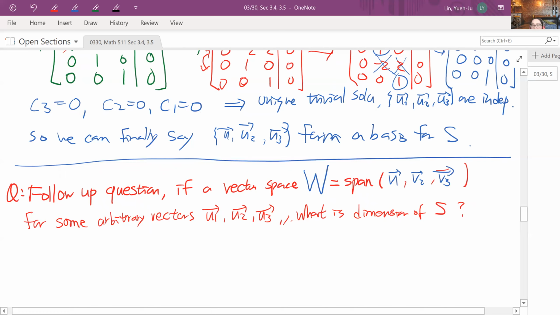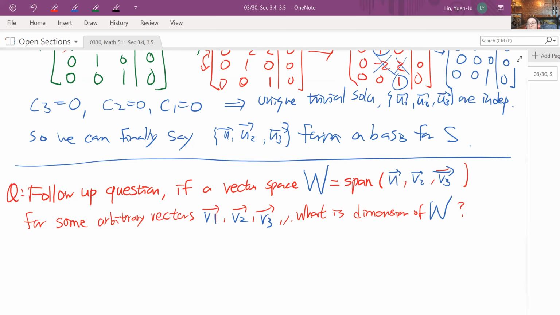If I have a vector space W and I tell you it's the span of three vectors, some arbitrary vectors V1, V2, and V3 that I don't know, what would be the dimension of this vector space W? Can anyone tell me? If I just tell you I don't know what vector space W is, and I only know it's the span of these three vectors.